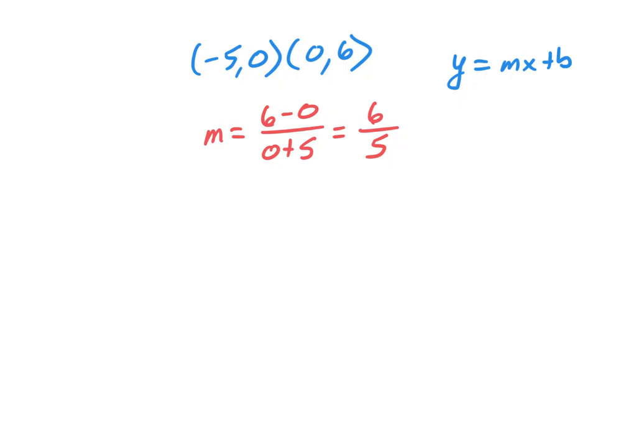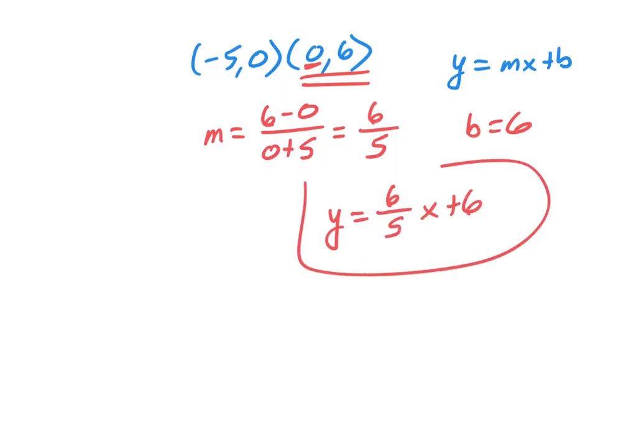Okay? So we don't have to go plug it in or anything. We immediately know what our y-intercept is here whenever I see x equals 0. When I see x equals 0, I know that is my y-intercept. And that would be it.